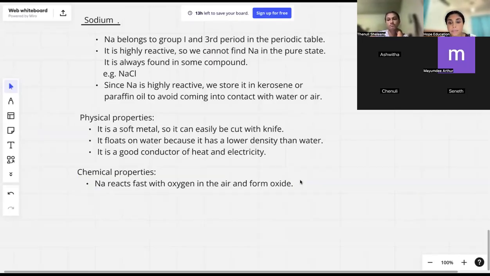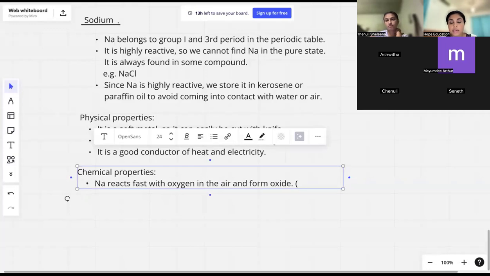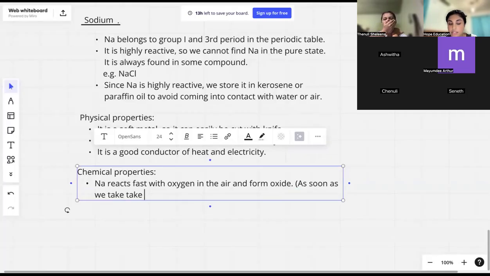That is why, as soon as we take sodium out in the air, it loses its luster, only because it reacts with oxygen in the air, right?